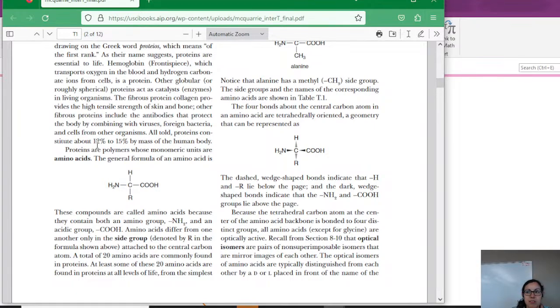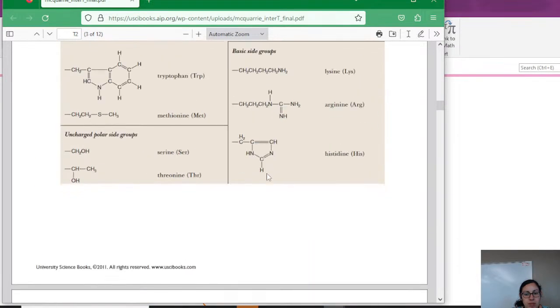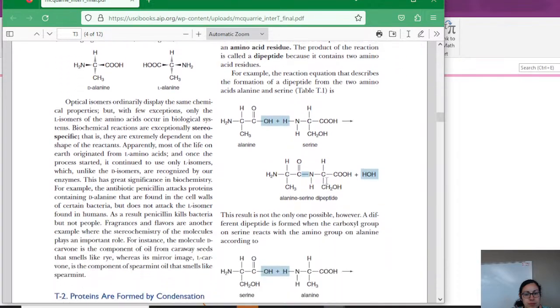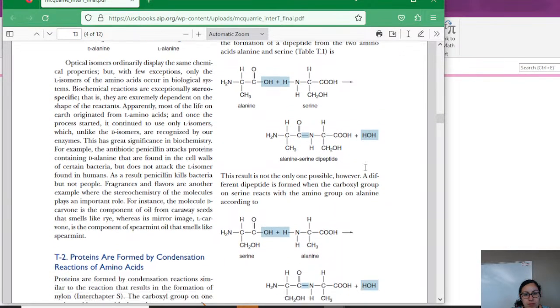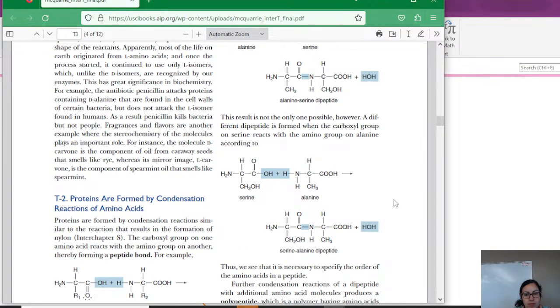So I think that does simplify it. And I think there's actually something below the chart also that shows what it looks like once you chain them together.